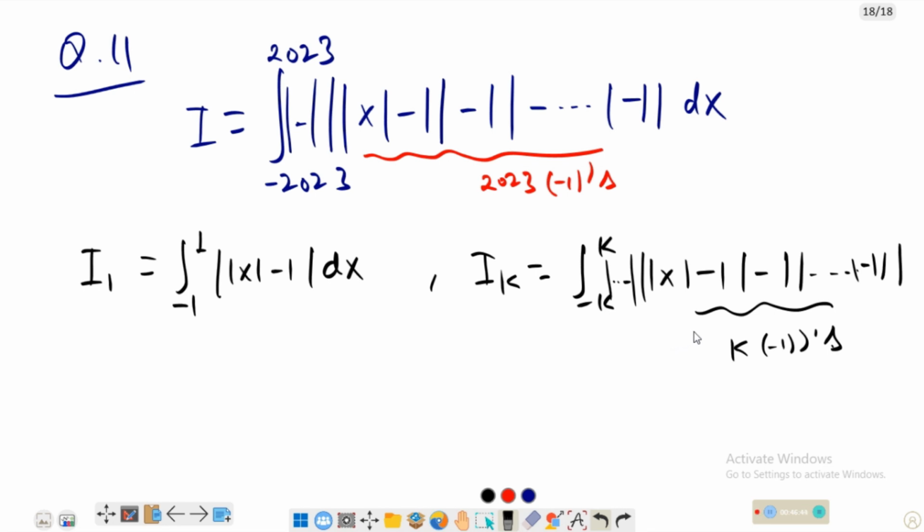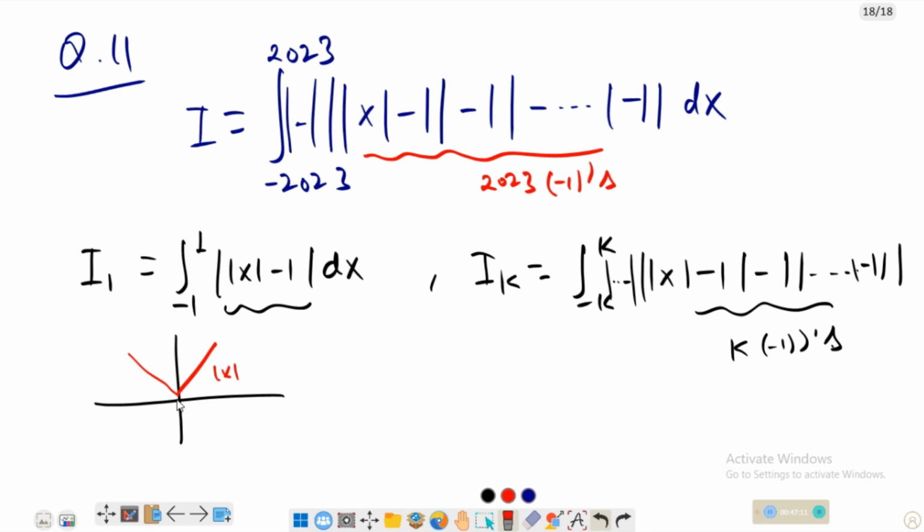So first of all I calculate I1. We need to draw this graph. The integral is the area between this graph and the x-axis, basically the area under the curve. So this is mod x.